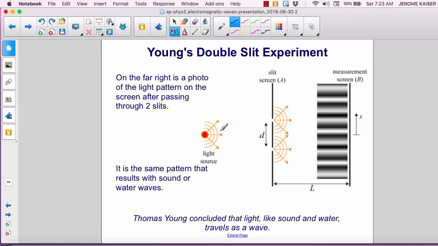What you'll notice is that the light hits the two slits, generates two diffracted waves, and at the far end we see a complex pattern which is very reminiscent of sound or water waves. And as a consequence, Tom Young concluded that light, like sound and water, travels as a wave.